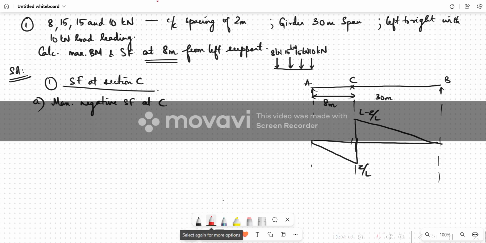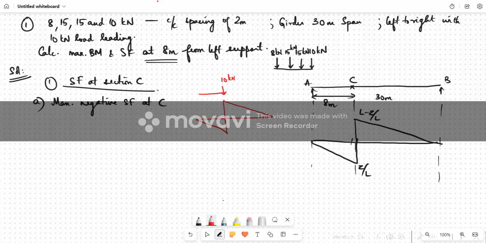In the same figure, or I will just draw another figure here showing only the ILD diagram. This is your section C. So I'm going to place 10 kilonewton here.